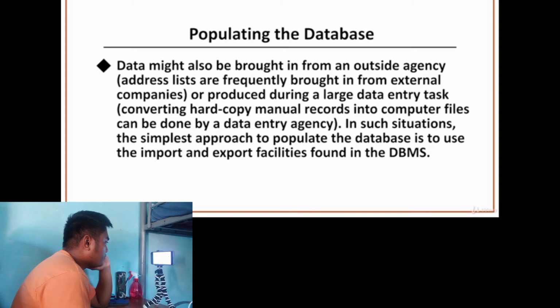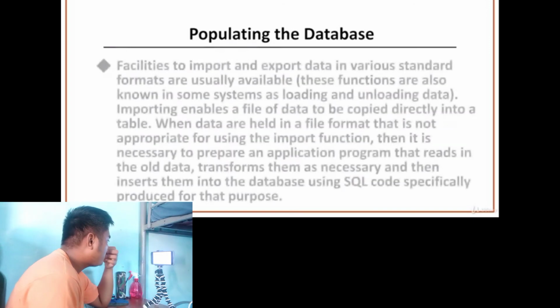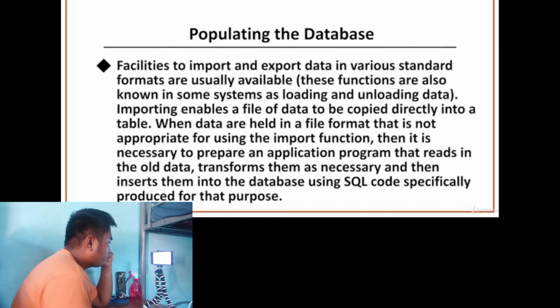In such situations, the simplest approach to populate the database is to use the import and export facilities found in the DBMS. Facilities to import and export data in various standard formats are usually available. These functions are also known in some systems as loading and unloading data.